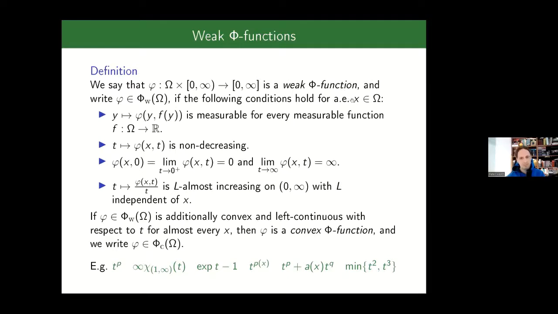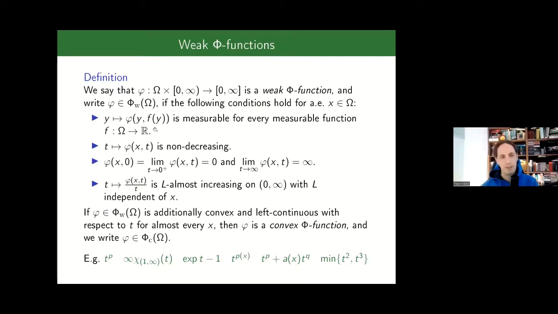So the assumptions: we have this kind of measurability assumption, and then instead of convexity, I have sort of three parts.